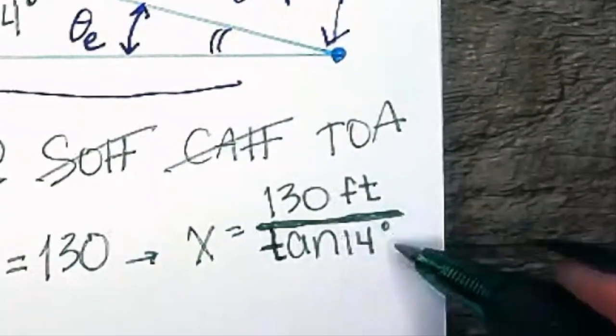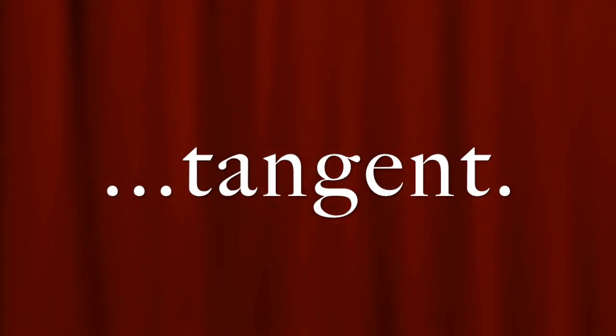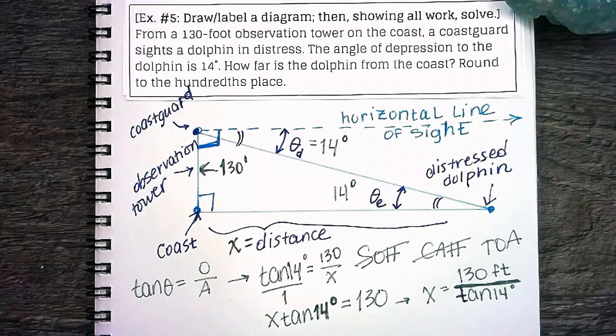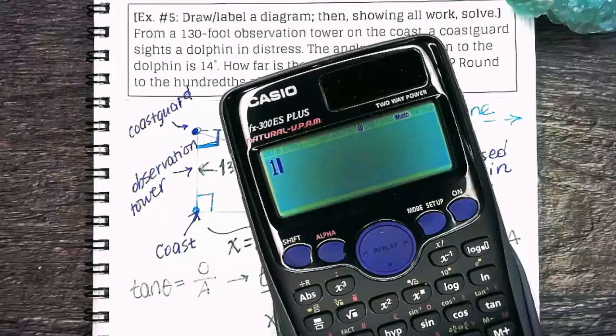So it'll be feet over nothing, which is feet. We're going to go ahead and type that into the calculator. You should definitely try it first on your own because, like I've mentioned, the number one reason people get these questions wrong is they don't type it in the calculator correctly.